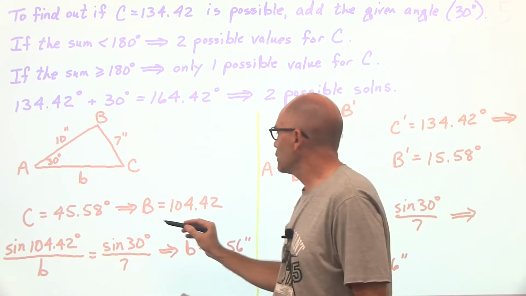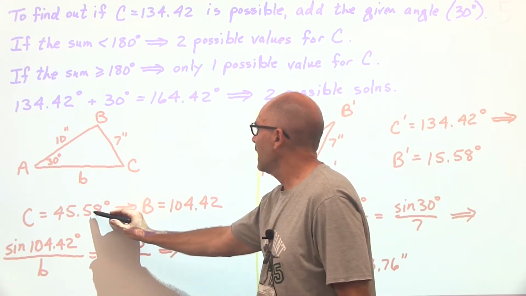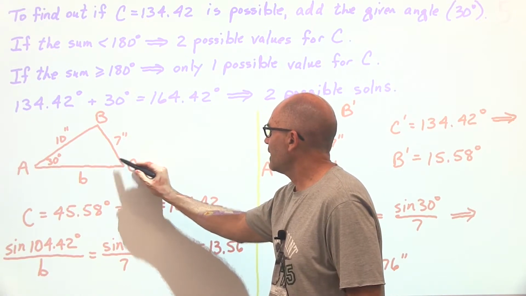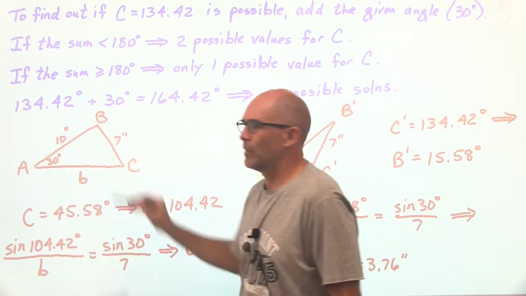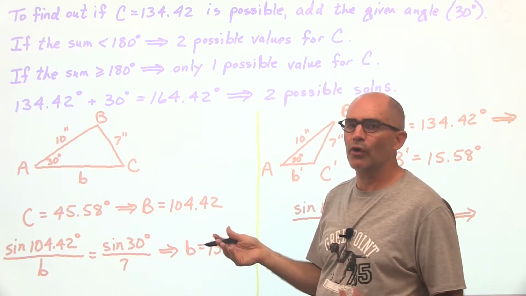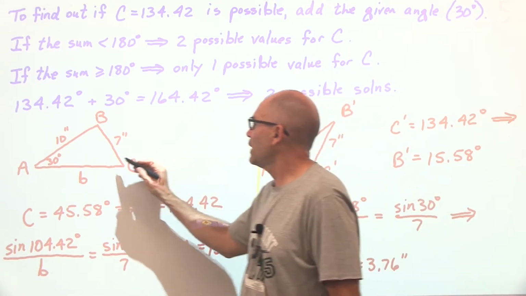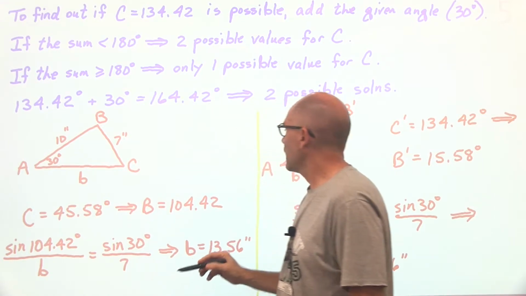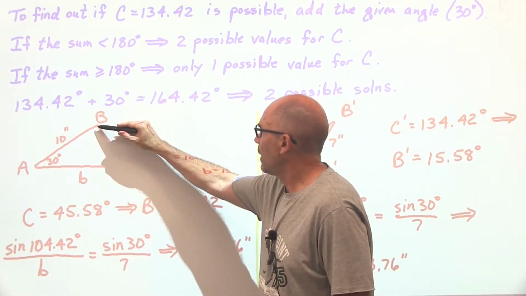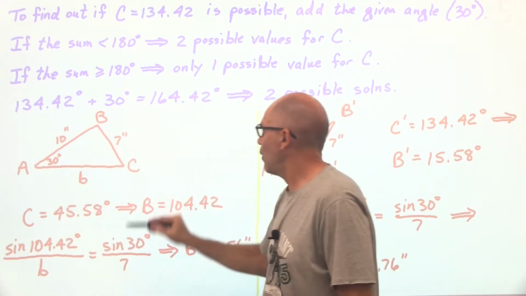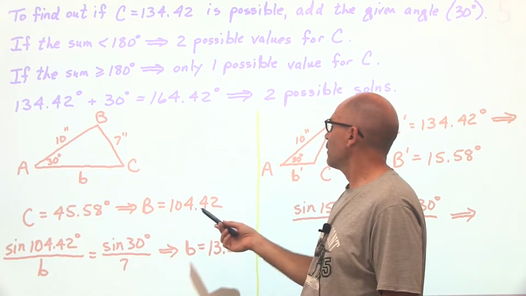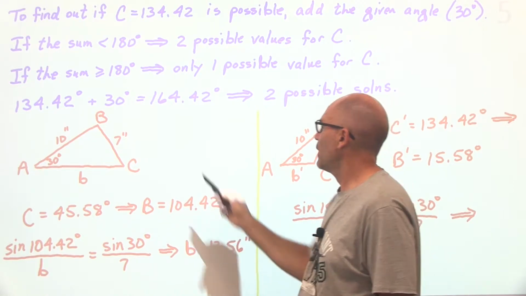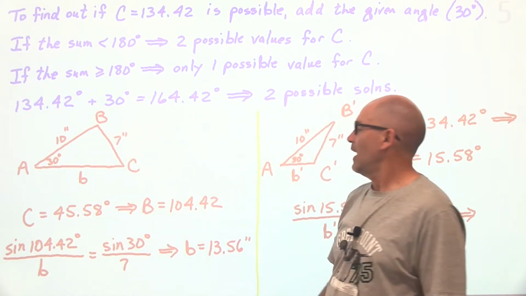Well, the first solution is going to be where angle C equals 45.58. And now we have 2 angles. So we're just like where we were before, is we know 2 angles, so that means we can get the third angle by adding the 2 we know, 30 plus 45.58. Subtracting that from 180, you get 104.42. That's what angle B has to be.